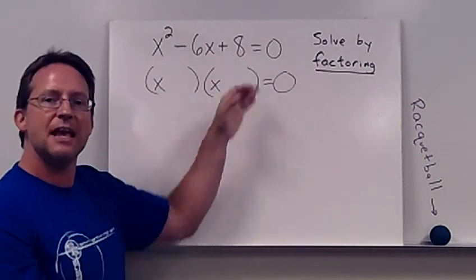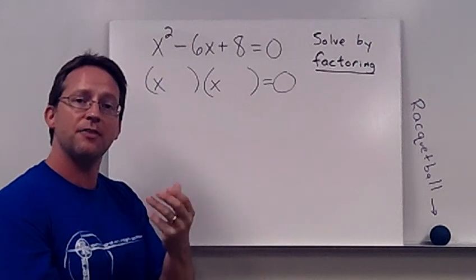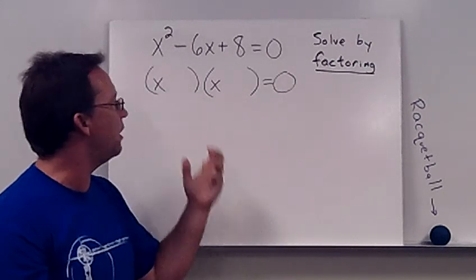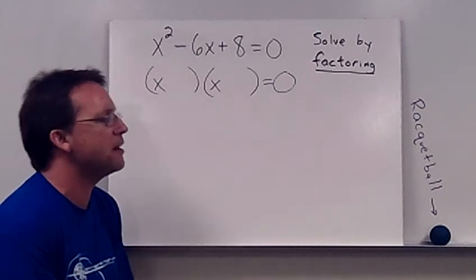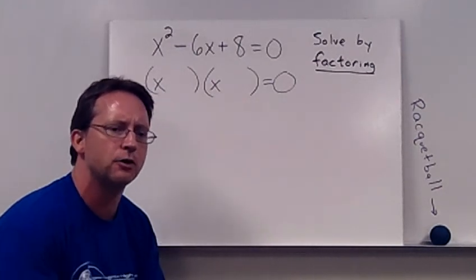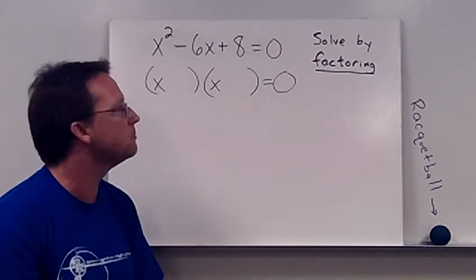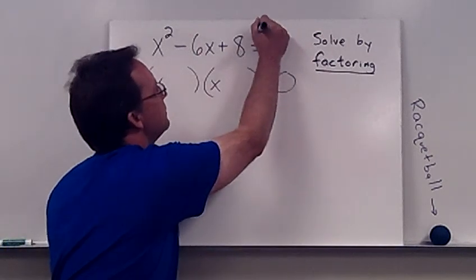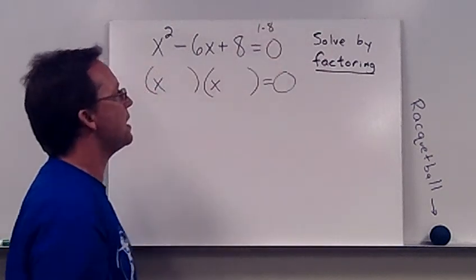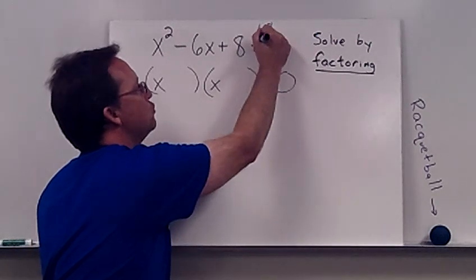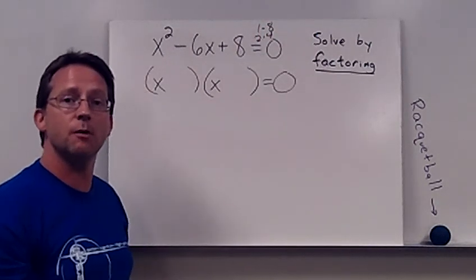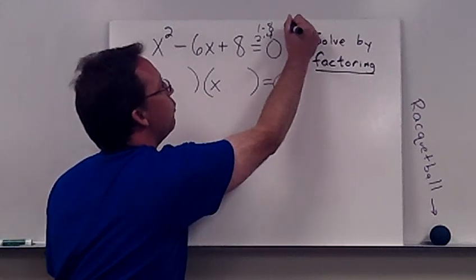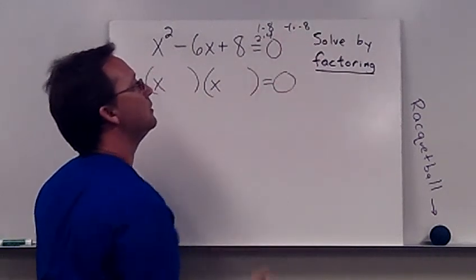We got that plus 8 at the end by multiplying the last parts of each of our binomials in the problem. So what I want to do is try to think of some things that I can multiply together and get 8. So 1 times 8 would be a possibility. 2 times 4 would also give us 8. We could also have negative numbers. So maybe negative 1 times negative 8.